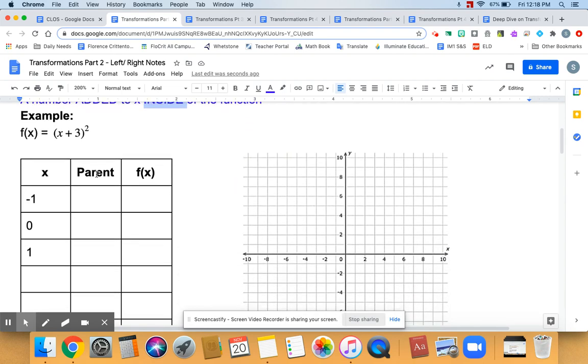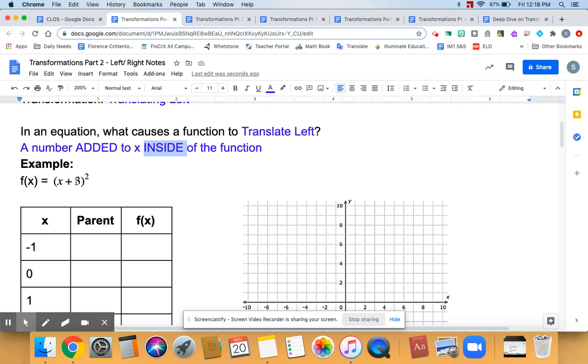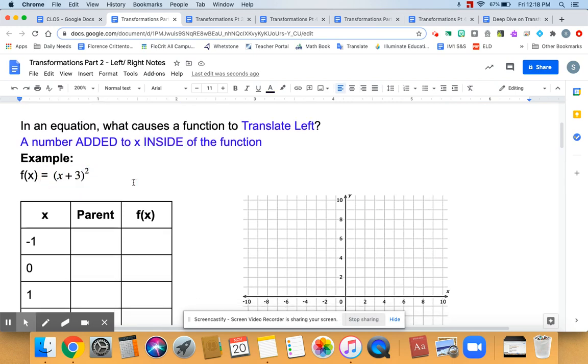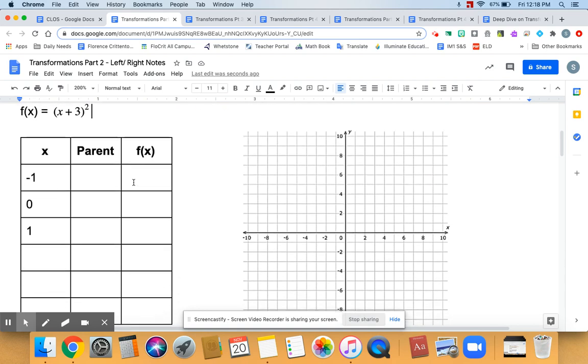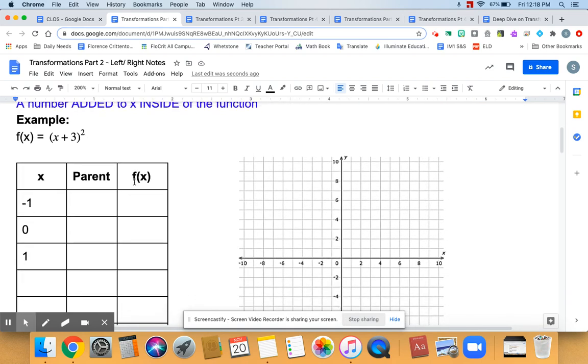Now that's kind of weird because when you think of going plus 3, that's to the right 3. So you might think this means go to the right, but it doesn't. It's like when it's in the parentheses, it's the opposite of what you think. And I'll explain that in a second. But let's first try to graph it.